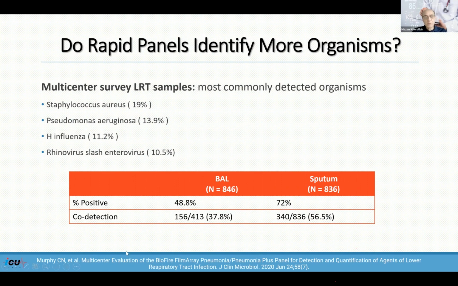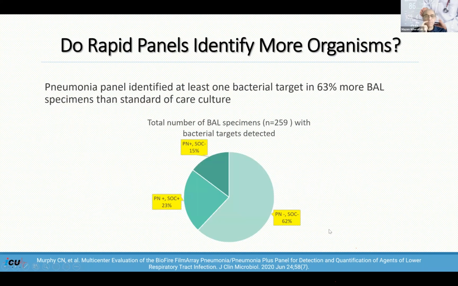Now, the other thing is that you can detect multiple organisms. So co-detection was present in almost 39% on the BAL and in 56% on the sputum. But this testing helped in identifying more organisms.